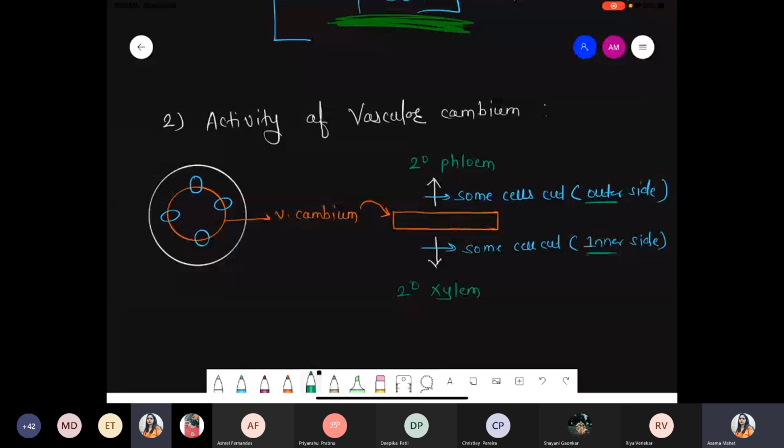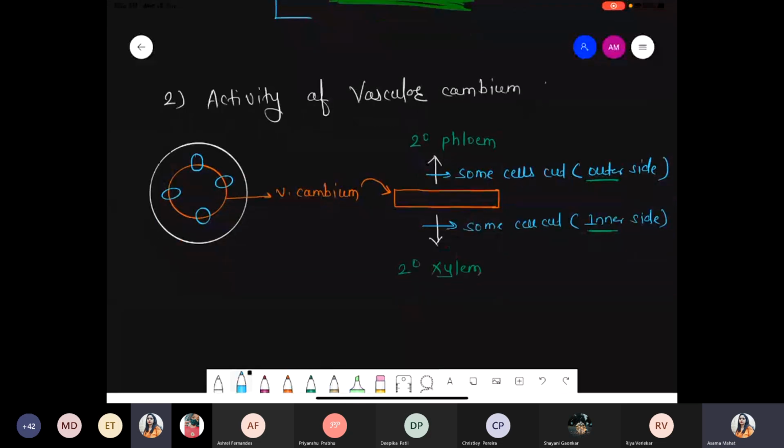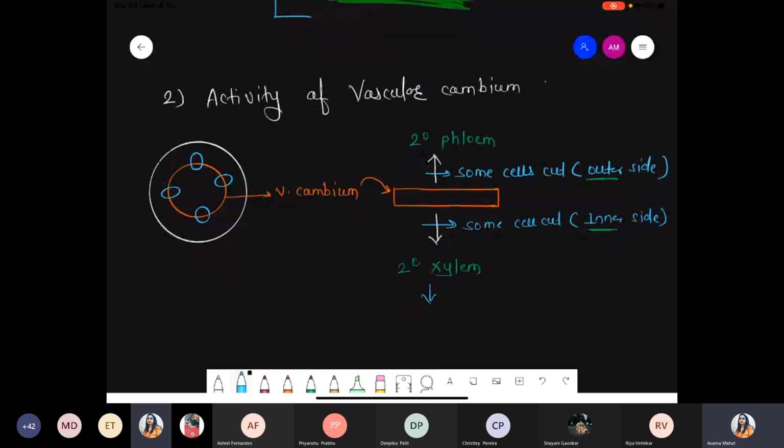One important question: secondary xylem cells are basically 8 to 10 times more active from a division point of view as compared to secondary phloem.